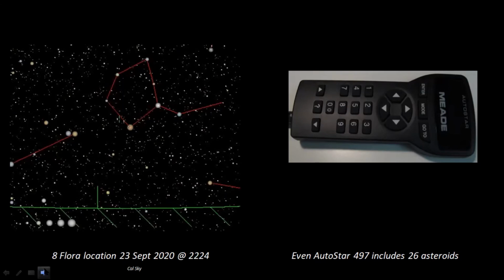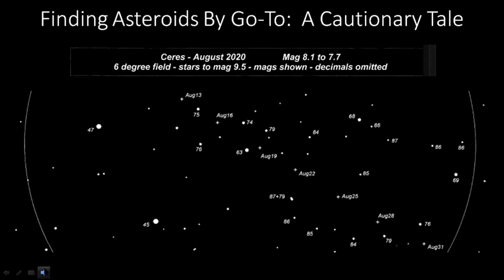However, let me add one caveat to that. If you want to find asteroids using GoTo, that's fine. Those of you who have heard me speak before know that I'm not a fan of GoTo. And one of the reasons is this.